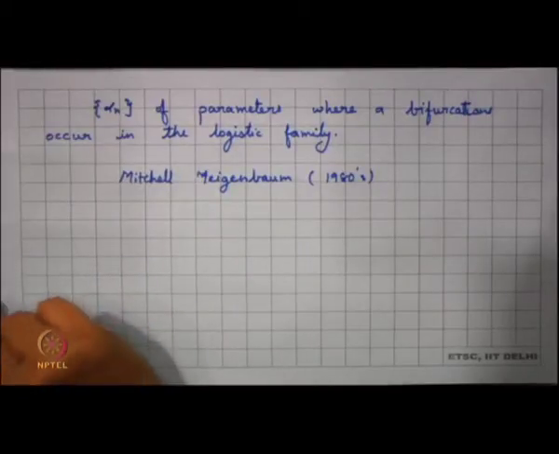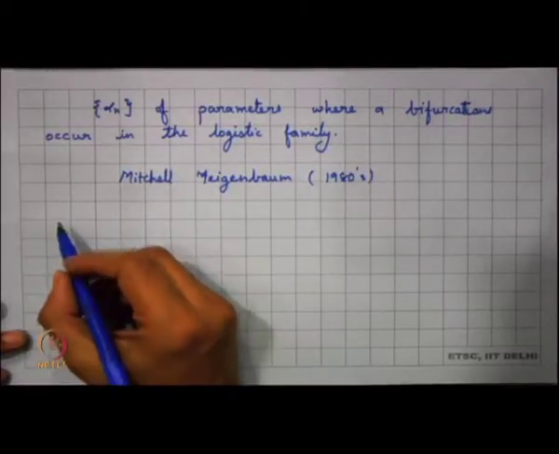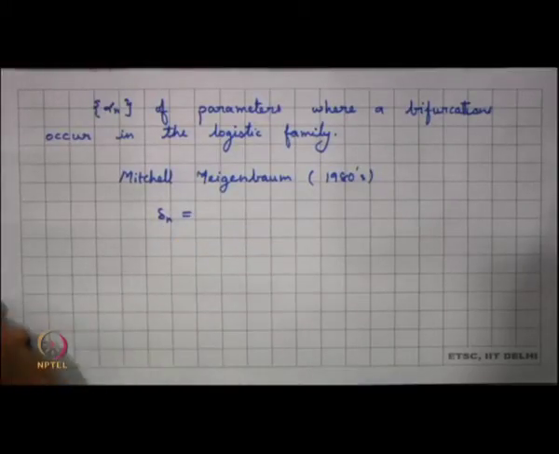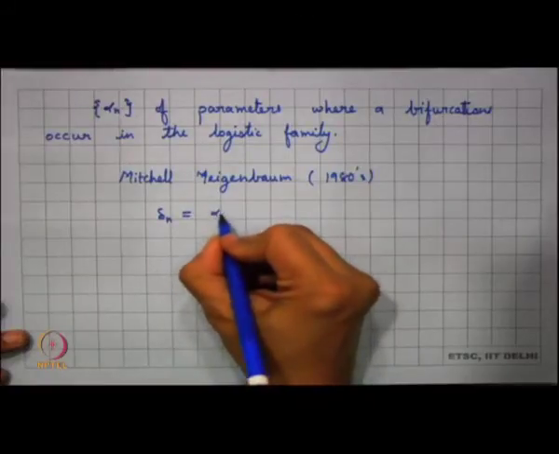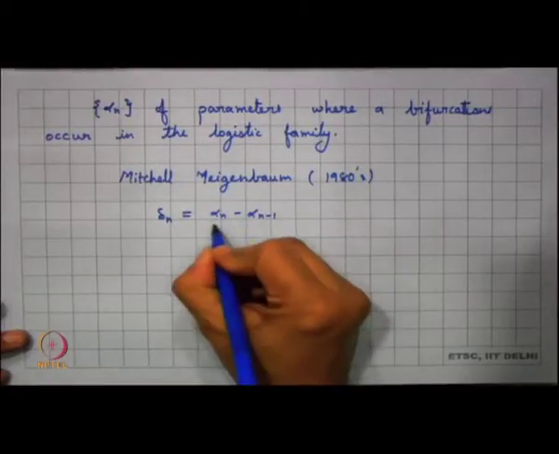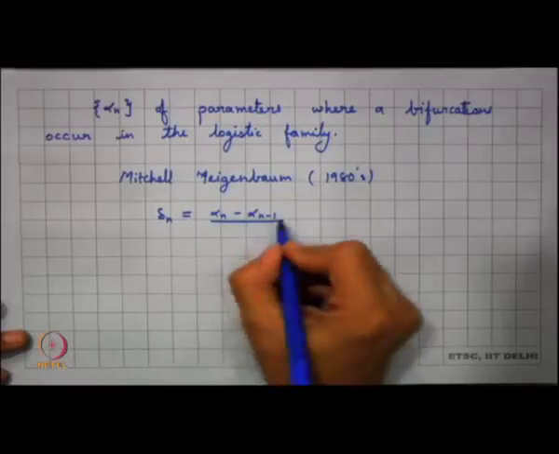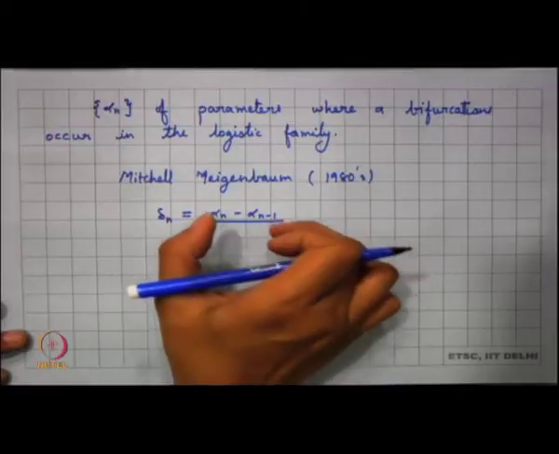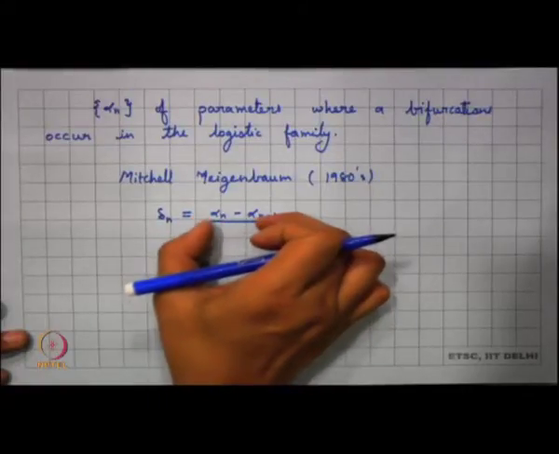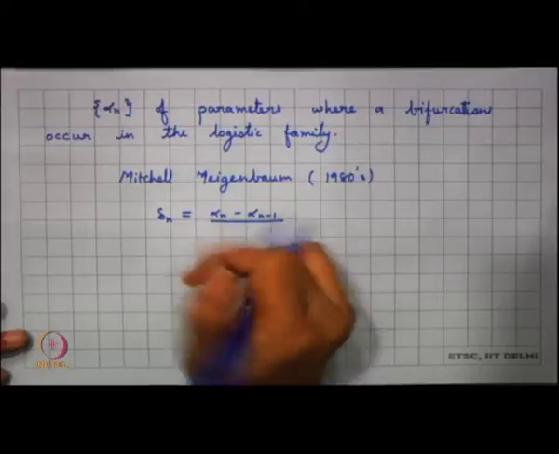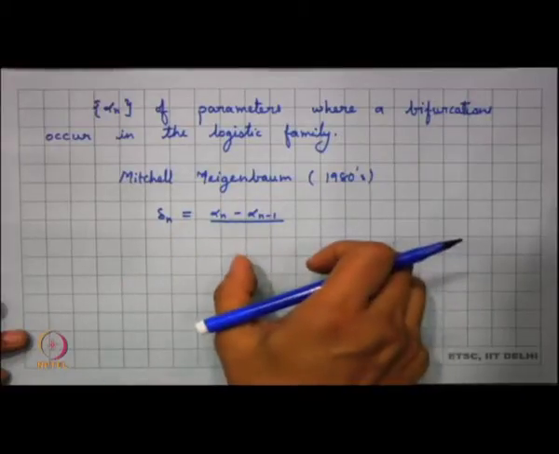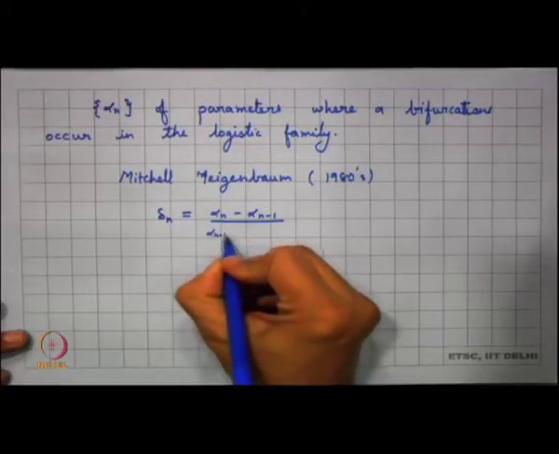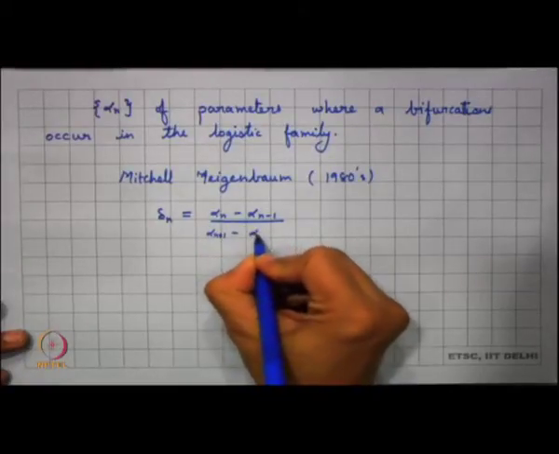So, what he observed is that whenever you take, let me talk in terms of delta n. So, let this delta n be, say, alpha n minus alpha n minus 1, the difference between the previous two parameters where bifurcation occurred, and the difference between the next two parameters where the bifurcation occurs, alpha n plus 1 minus alpha n.